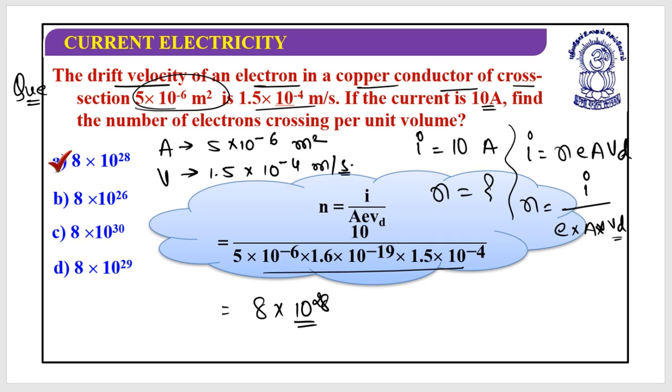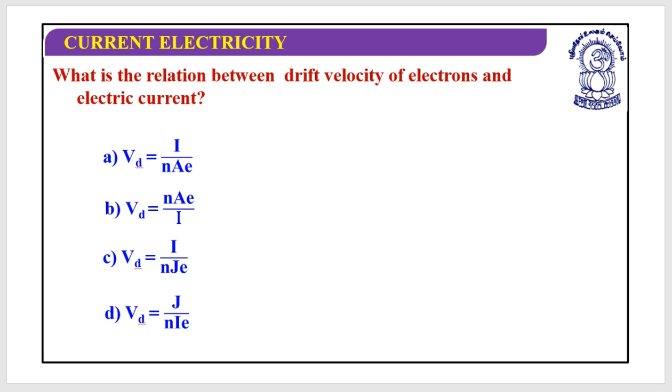Yes. Let's look at the next question. What is the relation between drift velocity of electrons and electric current? What I require is I equals N into E into A into VD.